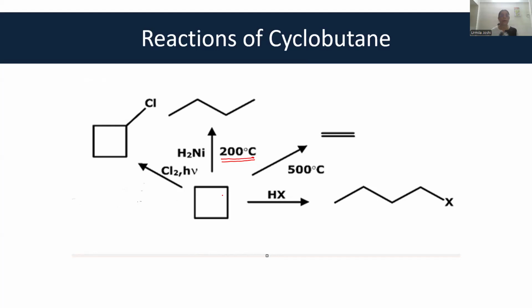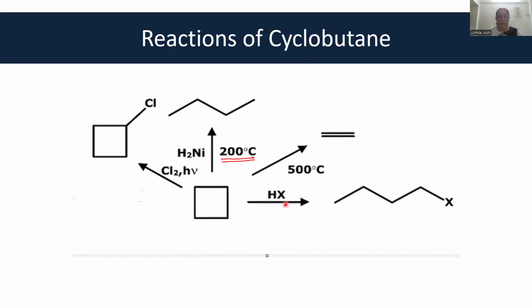Why so? That is because cyclopropane, as we discussed earlier, is a much more strained ring, and therefore it opens very easily. Cyclobutane is much less strained than cyclopropane, and therefore opening requires a higher temperature. If you heat it at still higher temperature, it gives you 2 molecules of ethene.